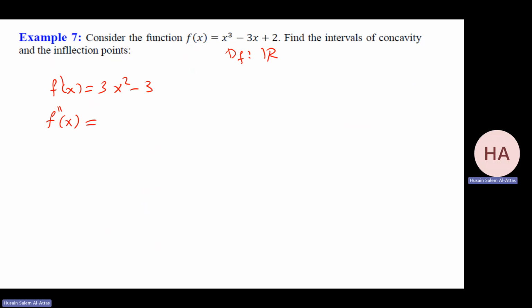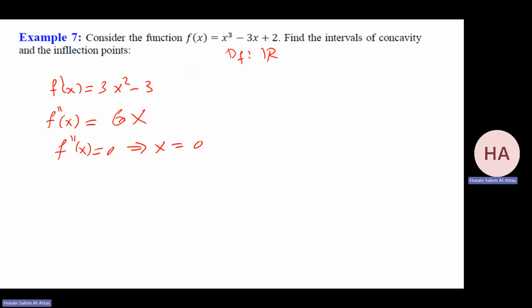That gives me what? f double prime will give me 6x, correct? Yeah, this is 3x squared. That will give me 6x. Okay, 6x, that means what? I check the sign now, the sign of this. I have f double prime equals 0. Very clear. x equals 0.